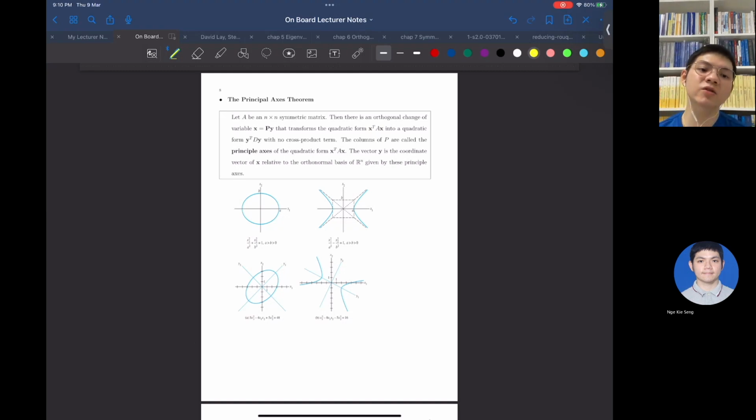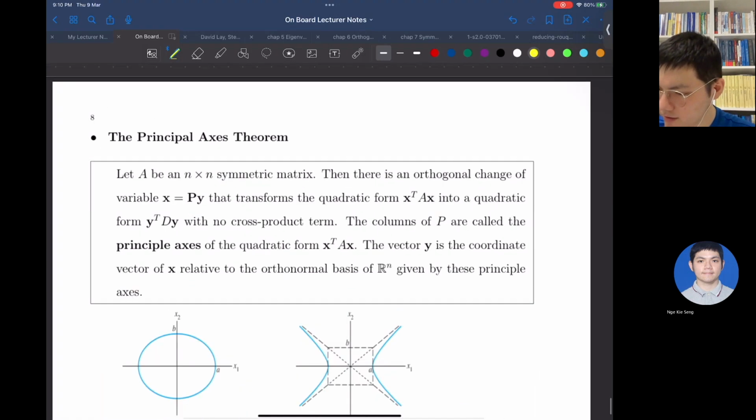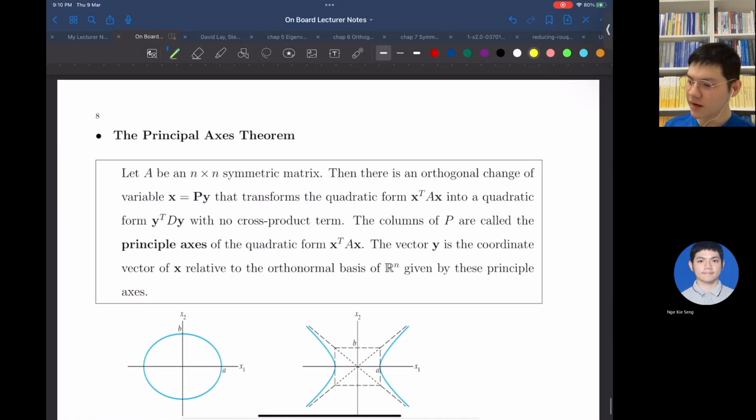Okay, only squares of variables appear. The columns of P are called the principal axes of the quadratic form. Sorry, let us zoom in a bit. The vector y is the coordinate vector of x relative to the orthonormal basis of Rn given by these principal axes. Okay.